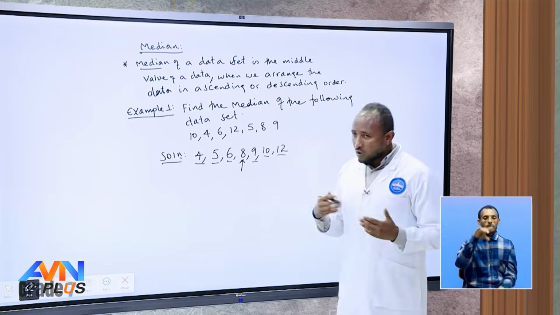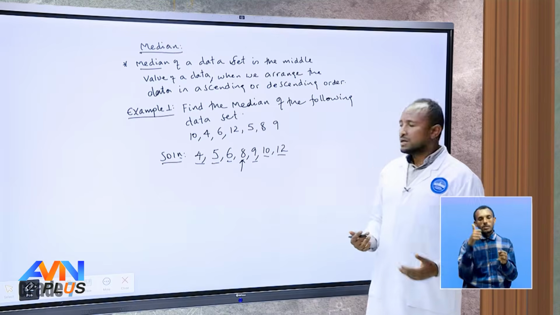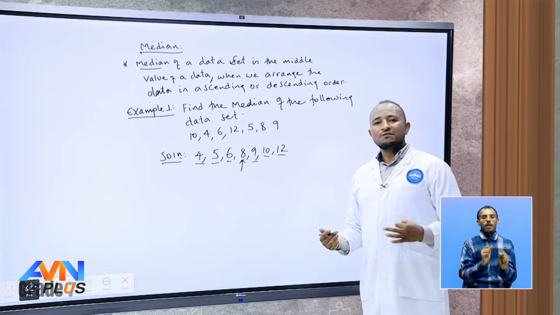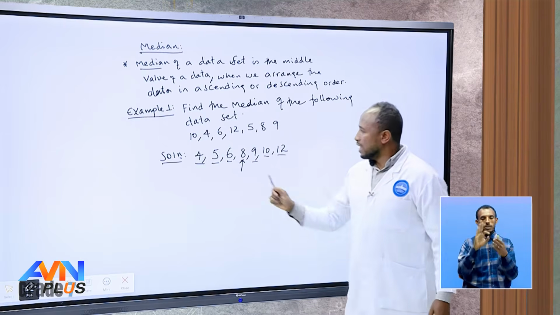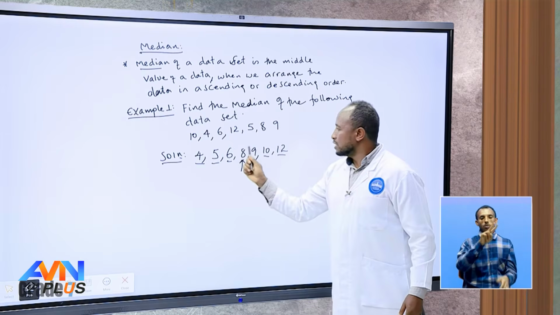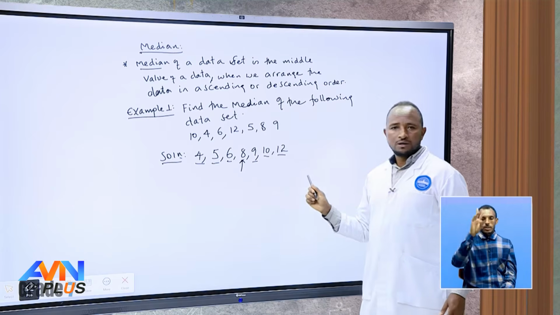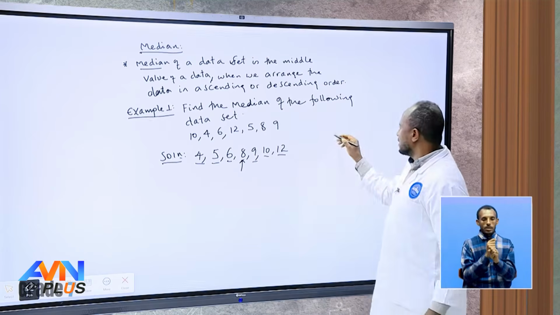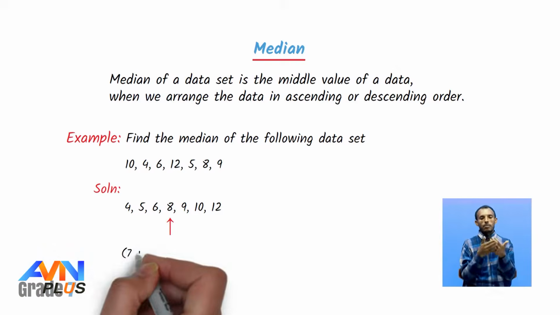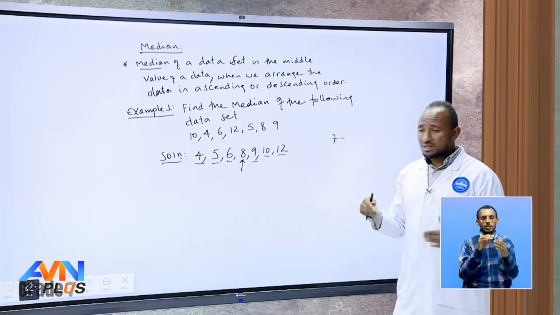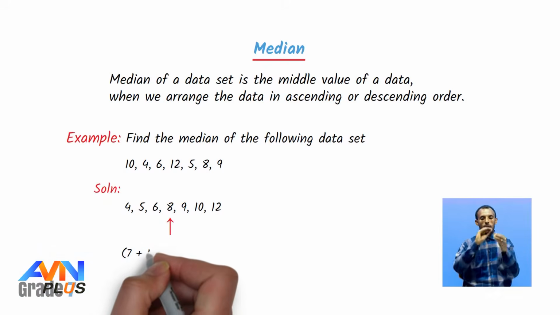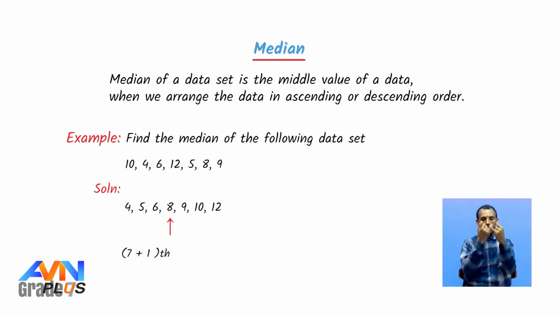Or, in another way, we can find the middle value by counting the number of data here. We have 1, 2, 3, 4, 5, 6, 7. Since we have an odd number of data, you add 1 and divide this by 2.